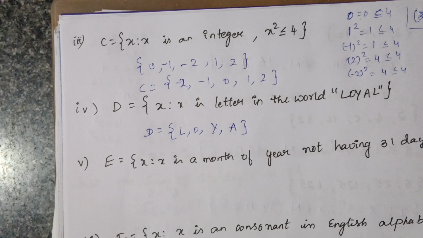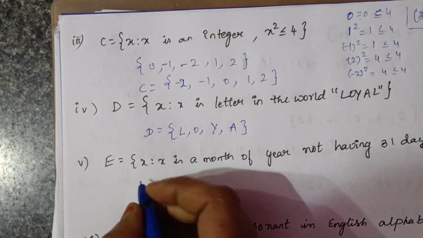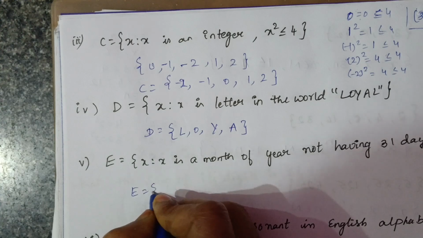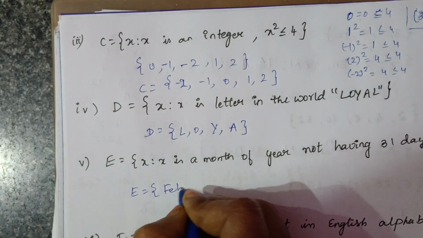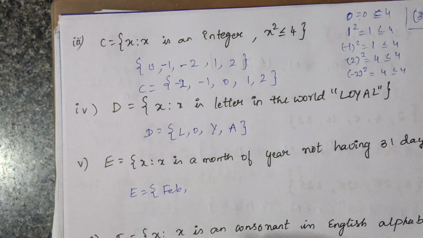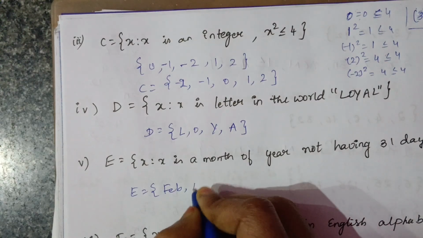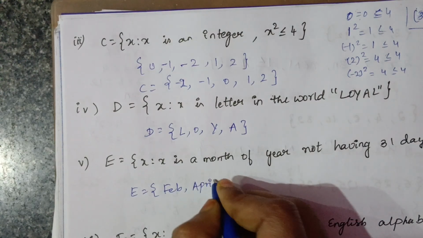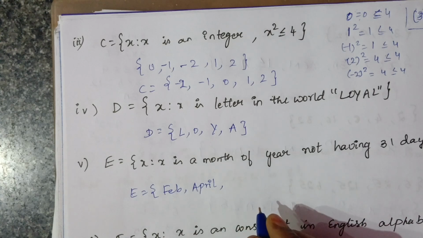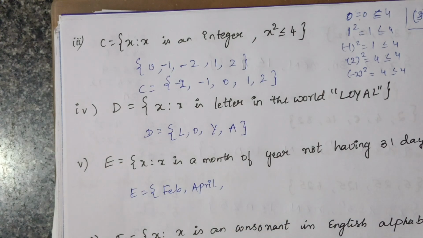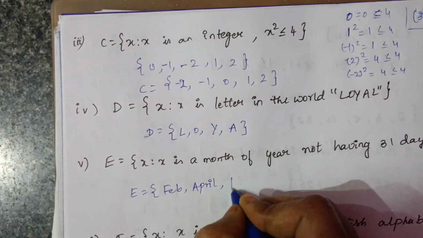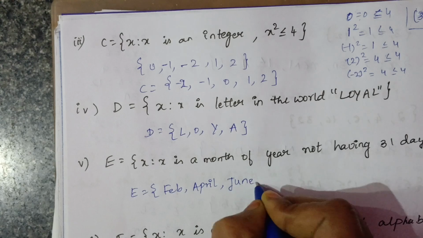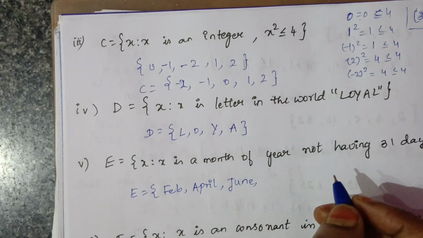X is a month of the year not having 31 days. Which months do not have 31 days? One is February, March is there, April, June.